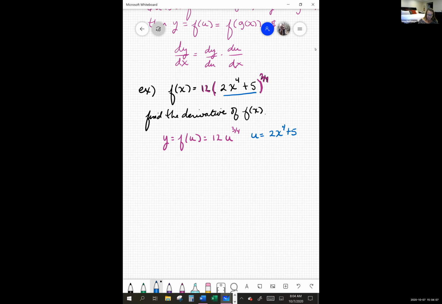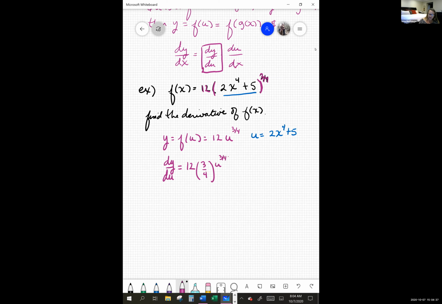So we can do it in pieces. We can use this formula and find out what dy du is. Taking the derivative of y with respect to u, dy du is equal to 12, bring your power down front, times 3/4 u, and then subtract 1 from our power.